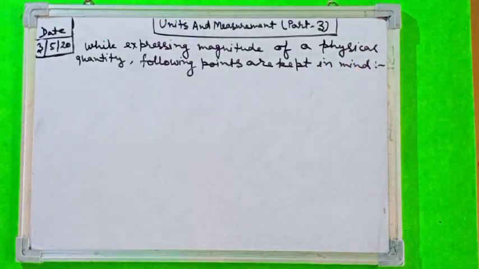What are the points which must be kept in mind while expressing a physical quantity?